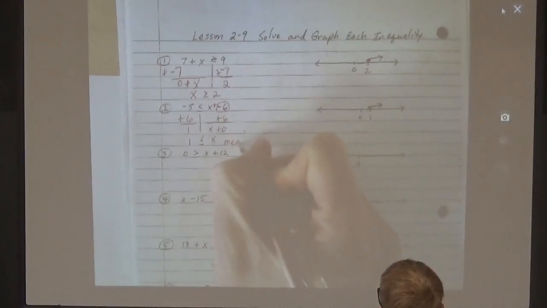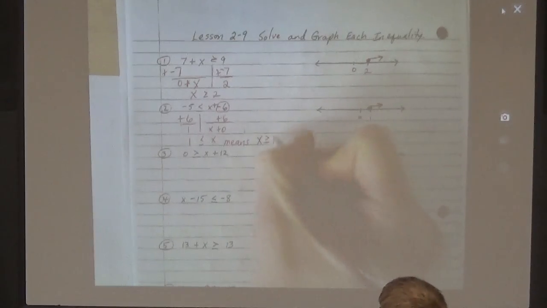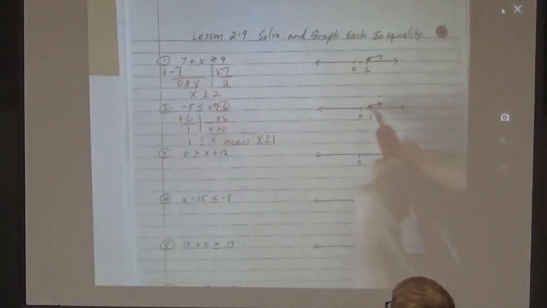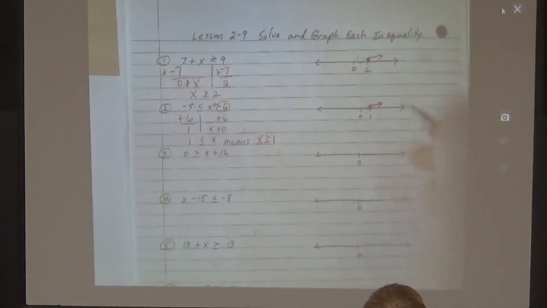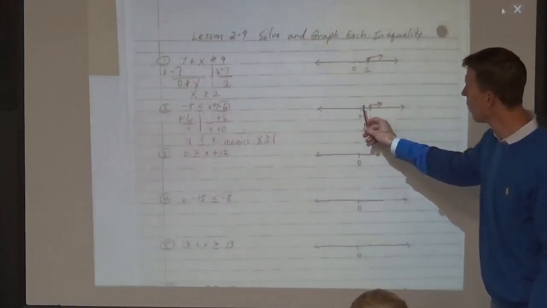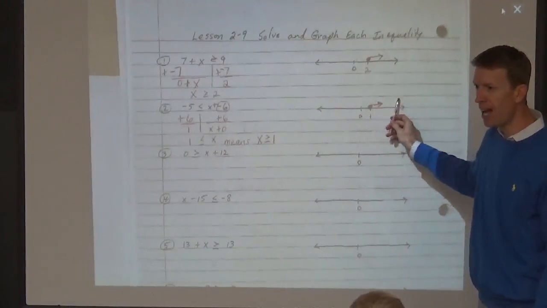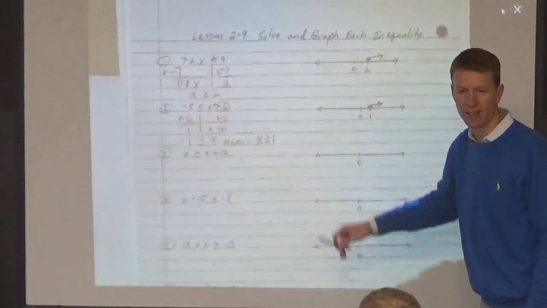Right. That means x is greater than or equal to 1. And since we're graphing what x is on the number line, you are shading where x is on the number line. Okay? Not where 1 is. 1 is to the left of x. X is to the right of 1.